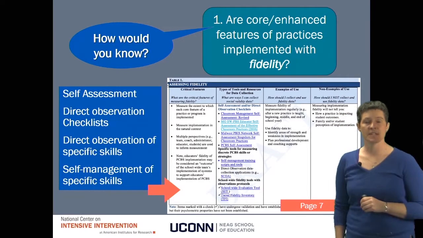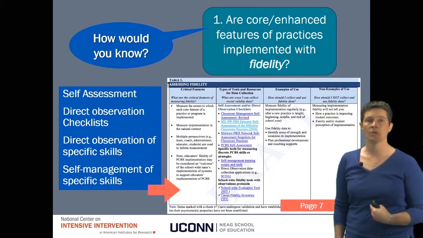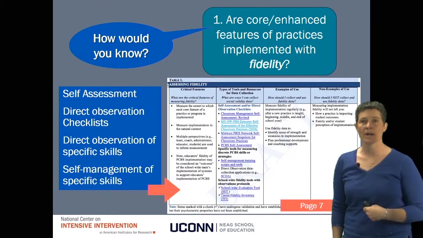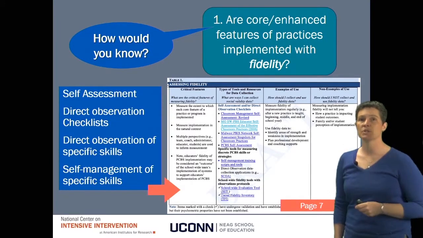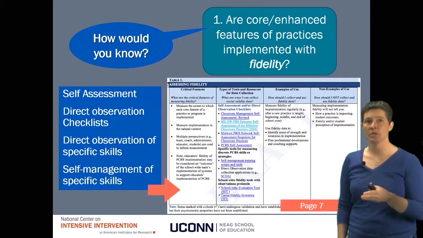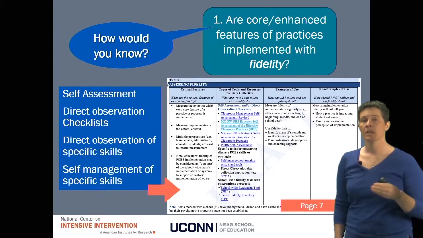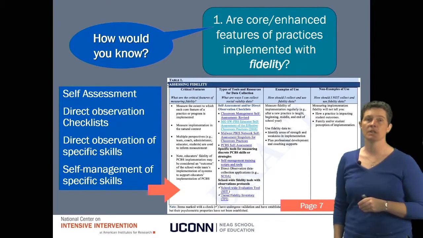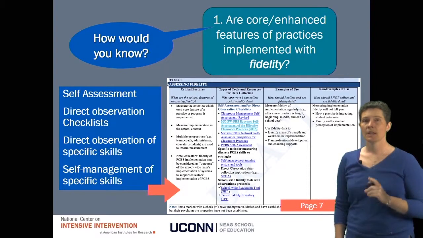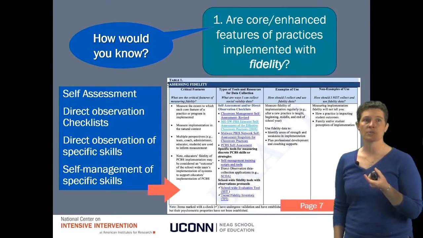There are some self-assessments that you can use to just reflect on the extent to which you're using those core practices. There are some direct observation checklists that you could give to a peer or a coach or an administrator to do an overall assessment of your classroom management skills. There are tools that you can use to monitor specific skills.